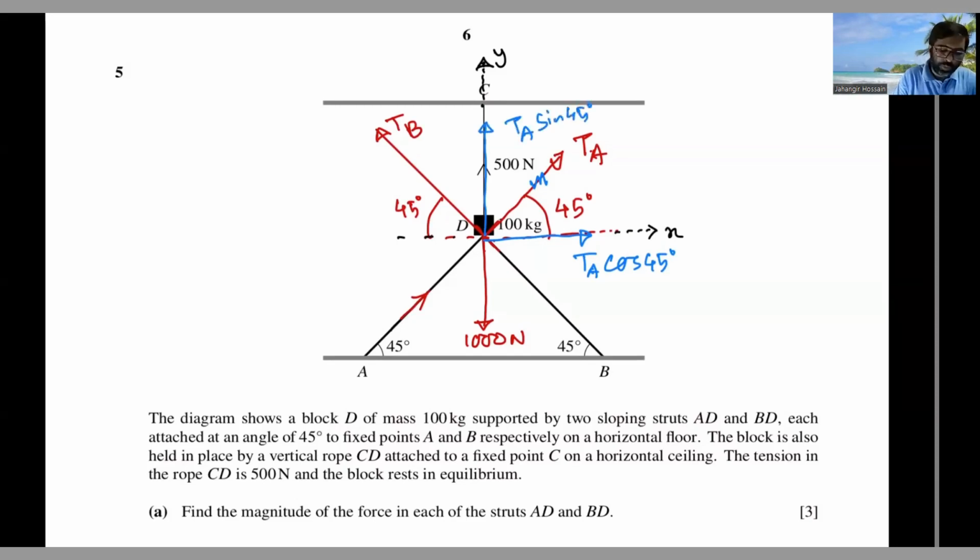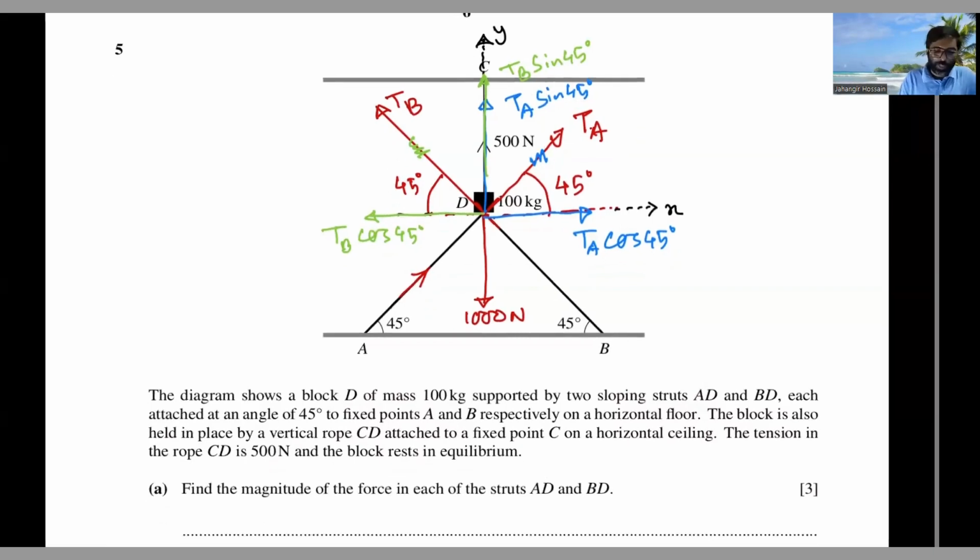When you resolve TB, you get the same thing: horizontal component TB cos 45 and vertical component TB sin 45.